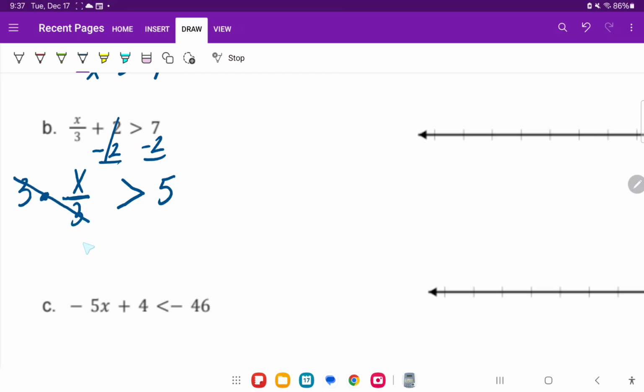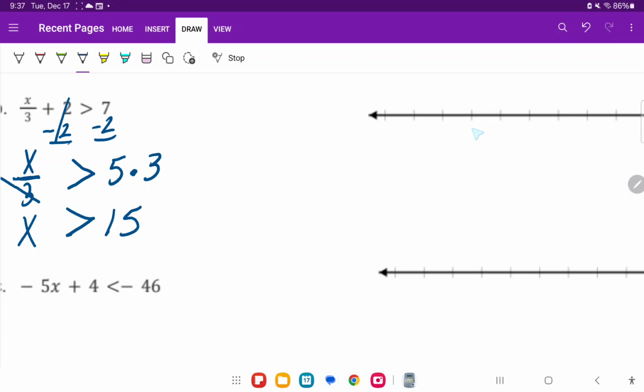So that cancels out, so you bring down your x, bring down your greater than. We also need to multiply by 3 on the other side, so that is 15. So x is greater than 15. So we're going to come over here and put like 15, 16, 17, and then this would be going lower, and it's an open circle again, and it's going to the right.